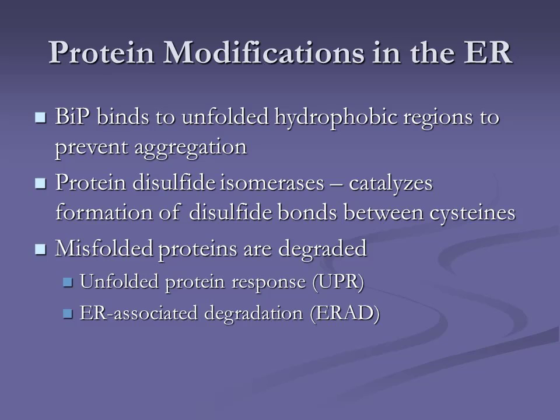So there's a lot of modification that goes on in the ER. And the other one that we didn't put on this slide, again, was the beginning of glycosylation. But honestly, I really would rather you associate glycosylation with the Golgi, because that's by and large where that's going to happen to the largest degree for our proteins.